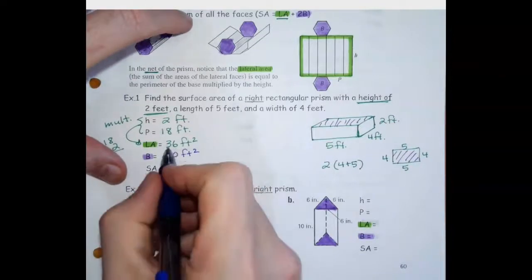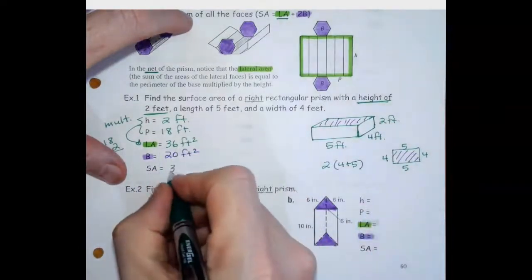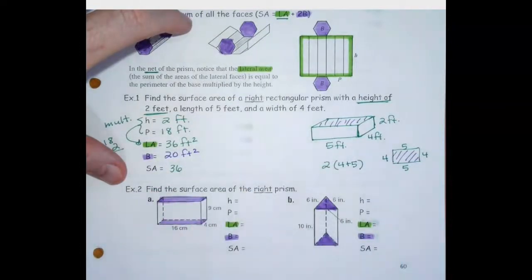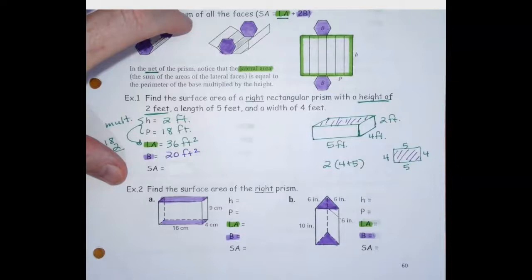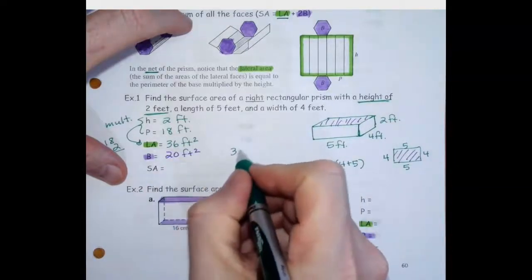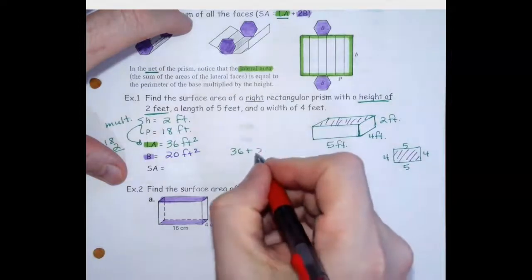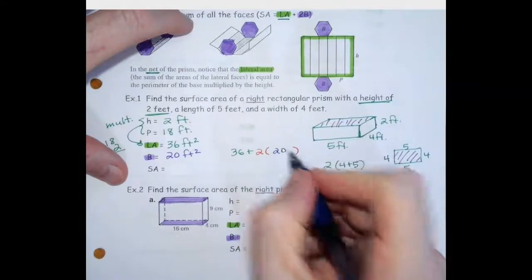Now the surface area is going to be the lateral area. Suppose I could keep the green for that. 36, and I could put the units on there if I wanted to, but I guess I could have done this over on the side and just put the answer there. Maybe that would look better. So we've got the lateral area, which is 36, plus 2 bases, and the base was 20.